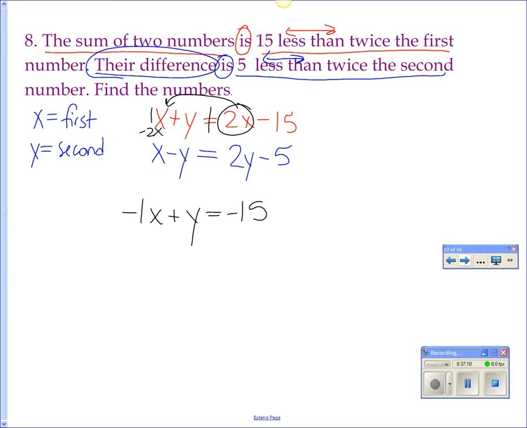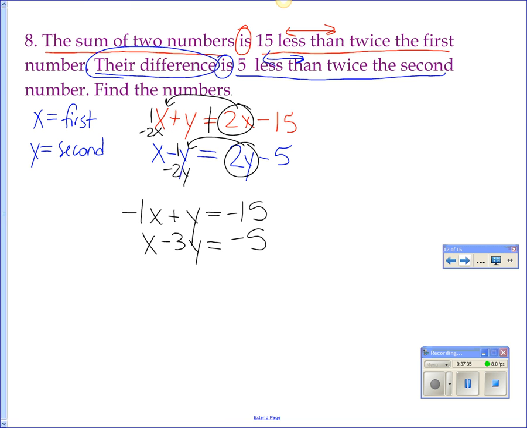This 2y also has to move over here to this one. So positive 2y becomes negative 2y. All right, so the x stays the same. What about negative 1y and negative 2y? Negative 3y. And you're left with negative 5.